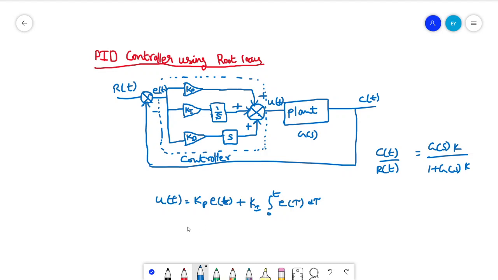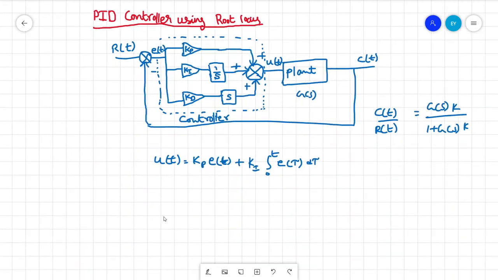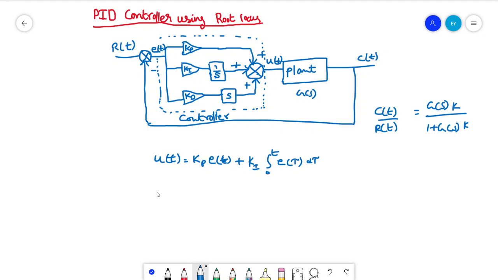If you apply a Laplace transform to this, you will get U of s equal to Kp into E of s plus Ki into 1 by s into E of s, to show the difference between the time domain and the frequency domain. Taking E of s common, we get Kp plus Ki by s, into E of s.